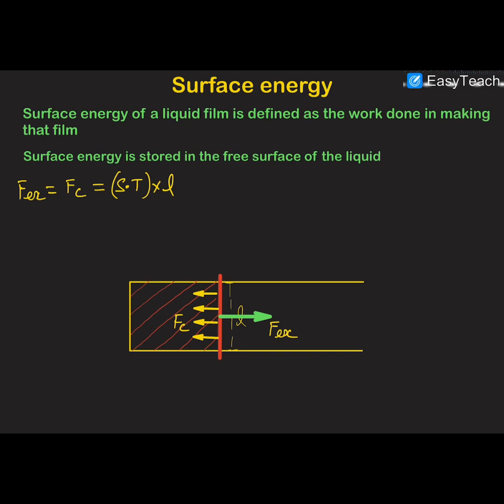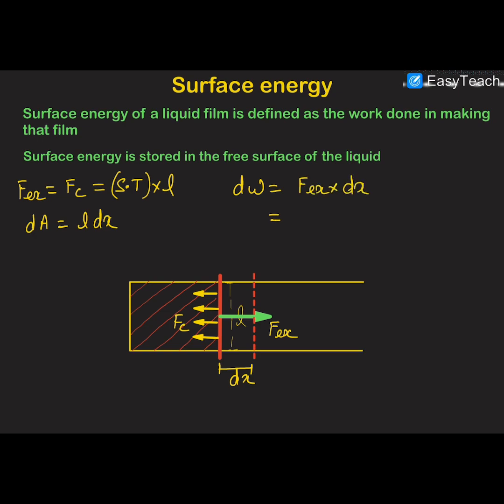Now let us suppose that this wire has been moved by a distance of dx in the forward direction. So the increase in area of the film will be L dx. The work done by us, dw, will be equal to F external into dx.